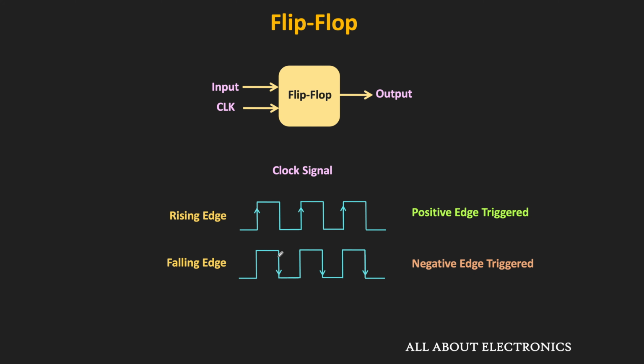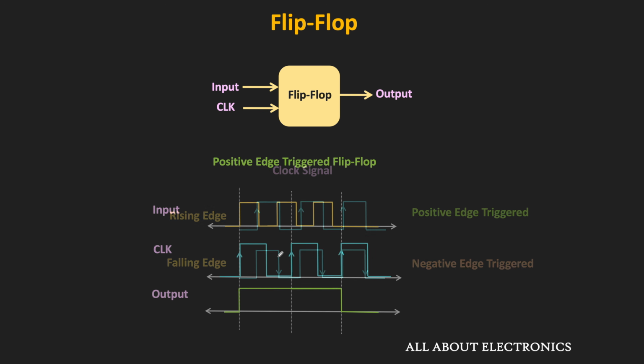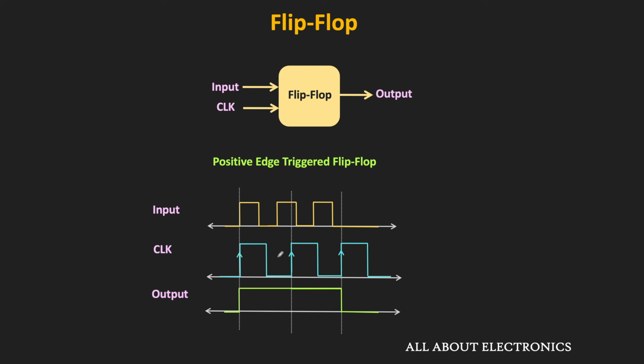So through the timing diagram, let us understand how this edge triggered flip-flop behaves to the input level changes. And first, let us take the case of the positive edge triggered flip-flop. Here, the same signal which we applied to the gated latch is also applied to the flip-flop. And this signal, shown in blue, is our clock signal.